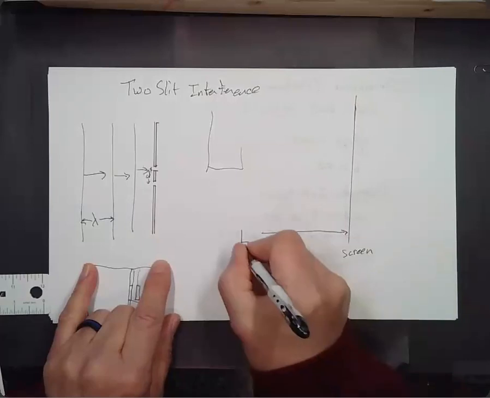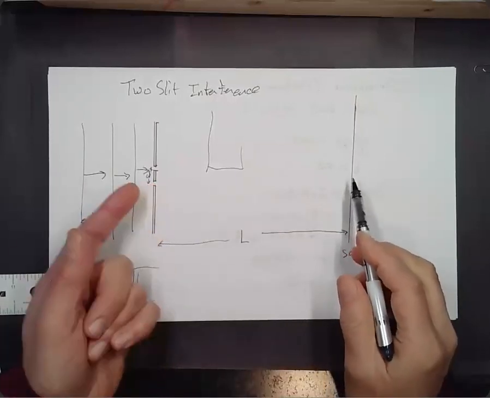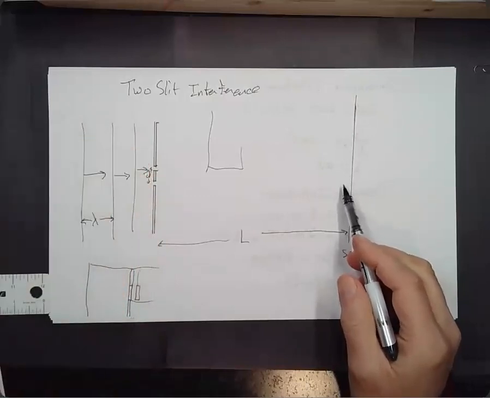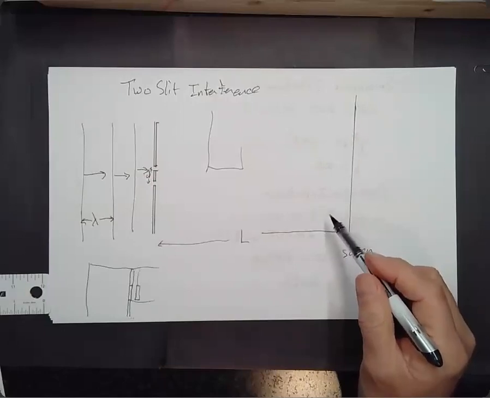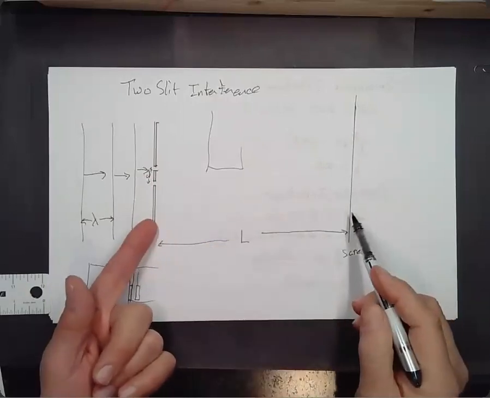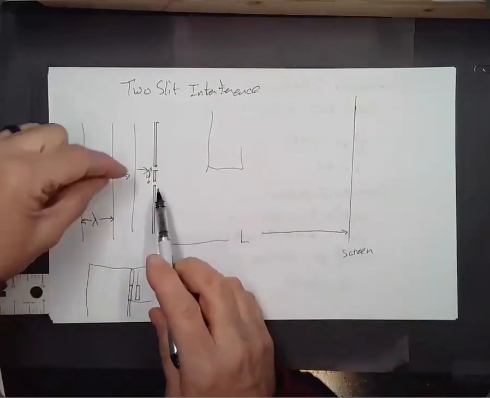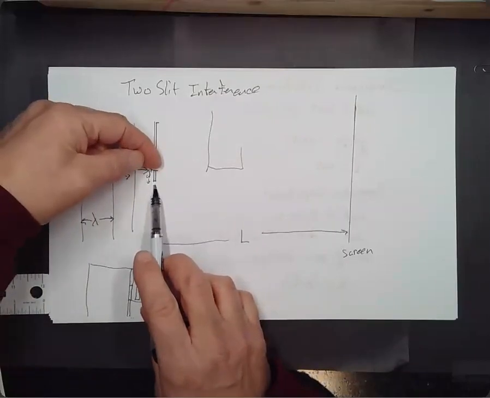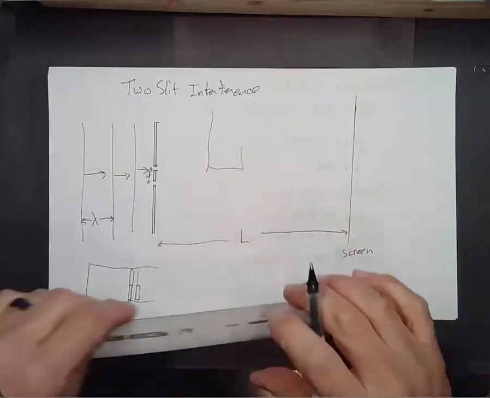For instance, you might have a screen that's 2 meters away from these slits, but these slits might actually be a fraction of a millimeter apart, or even a millimeter. The millimeter is only 1/1000th of a meter, so if you're 2 meters away, you're 2,000 times a millimeter if these are separated by a millimeter. So that's an approximation that we'll make.